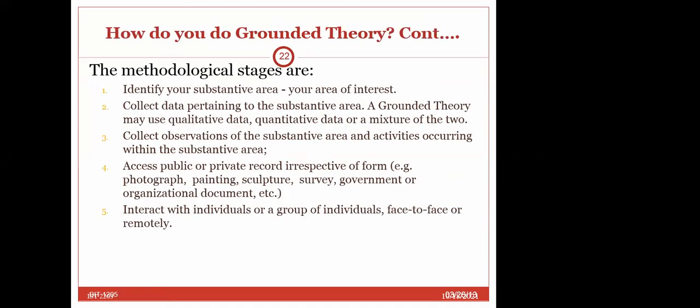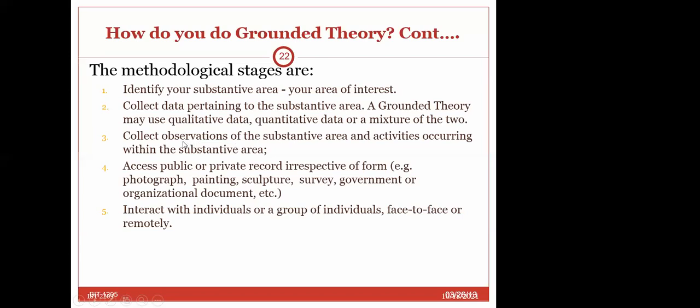So in grounded theory, these are the steps you have. You identify the area of interest. You collect data pertaining to this area. And you may choose either qualitative or quantitative data, or a mix of both.